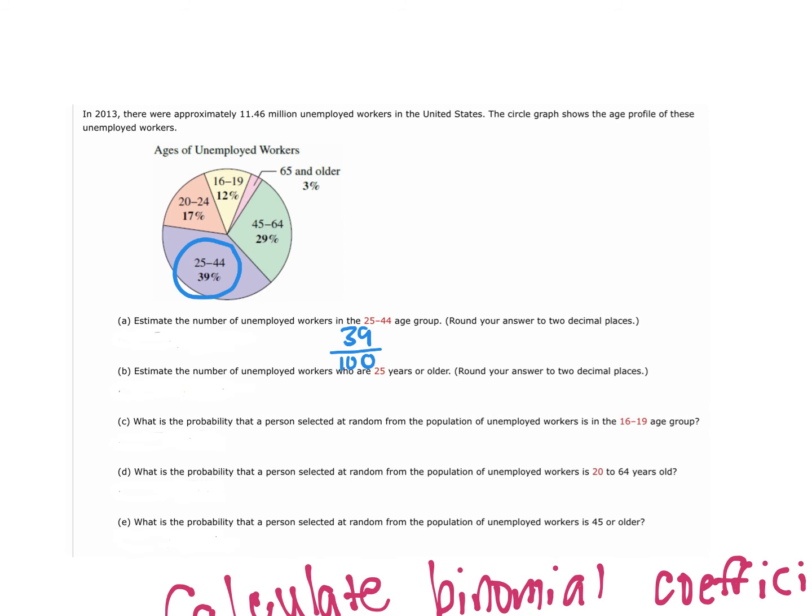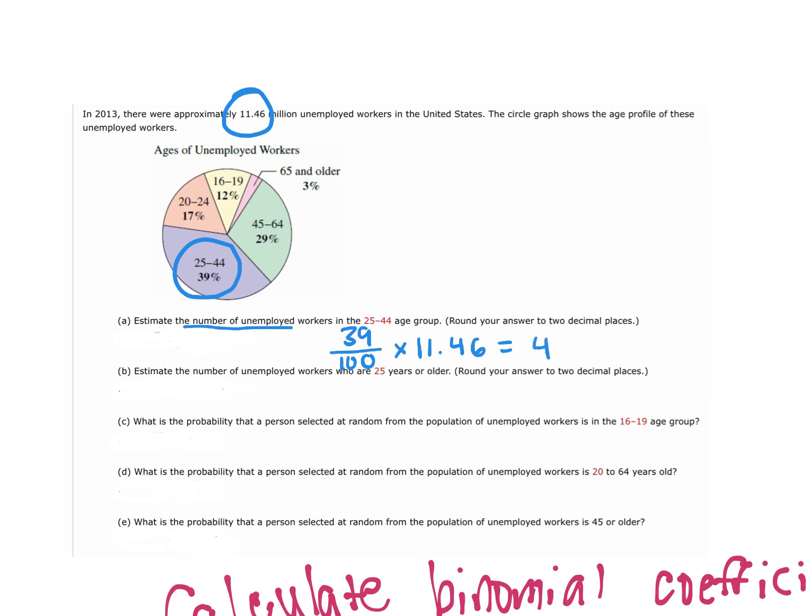It asks us for the number of people, not just the probability of picking one of those people. So what do we have to do with this 39 out of 100? How do we find the number of people? Multiply it by 11.46. Awesome. We multiply it by the total number of people that we have, so 11.46.